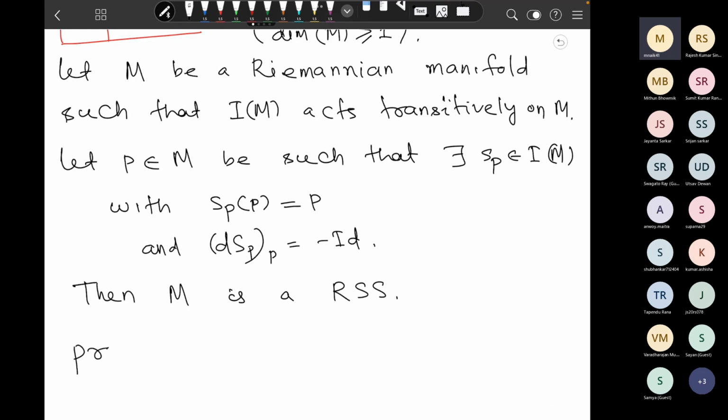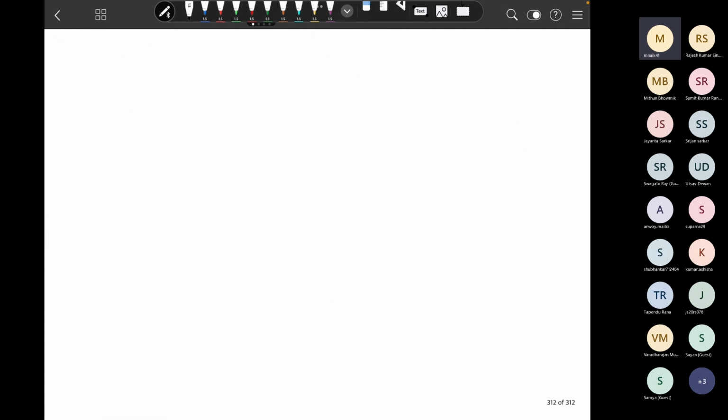The proof idea is very simple. Let us discuss. Let q belong to M. Since the isometry group acts transitively on M, q is equal to g dot p.